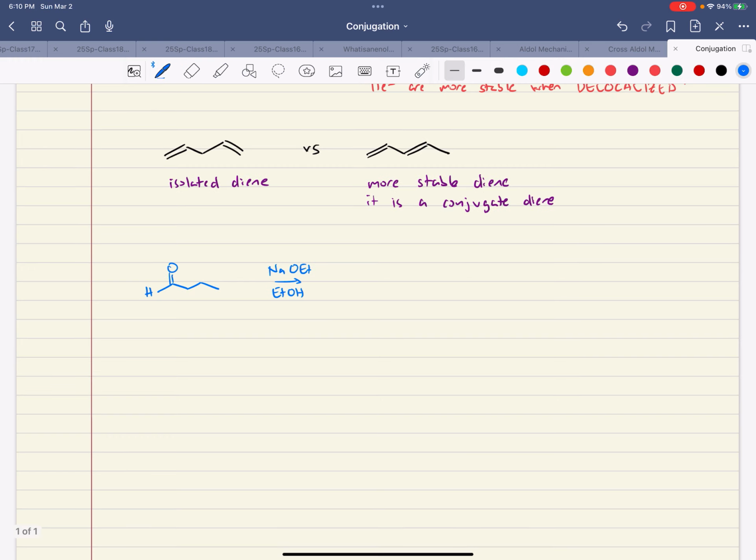I tell my class you don't need heat to make a molecule conjugated, and that is, I think, in the minority. The textbook often says you have to add acid or heat to cause it to do conjugation, but I say the conjugated system is a more stable product. Eventually, it will get to that product, and so I will make this conjugated.